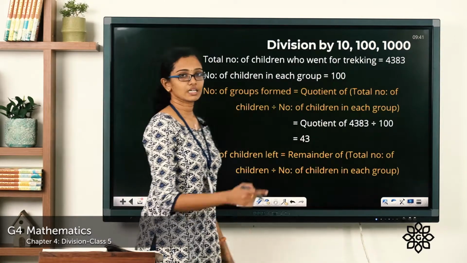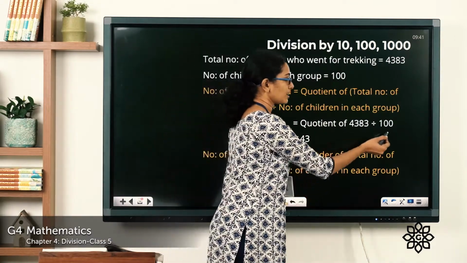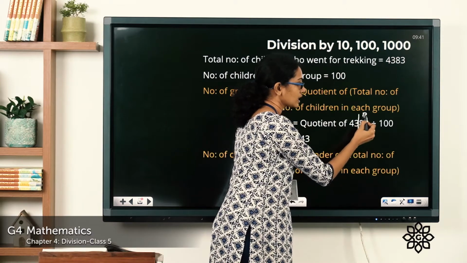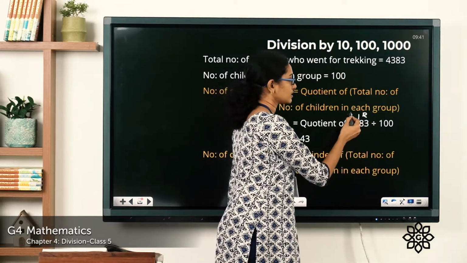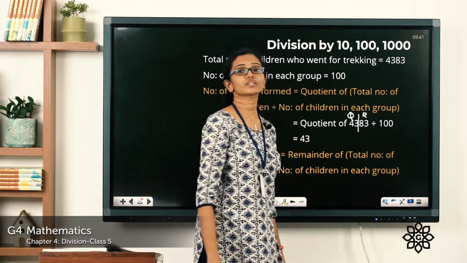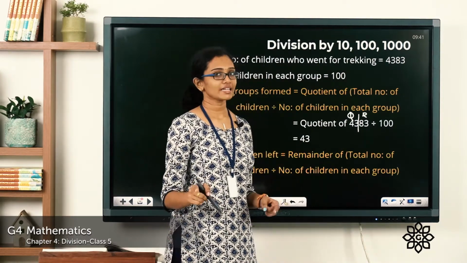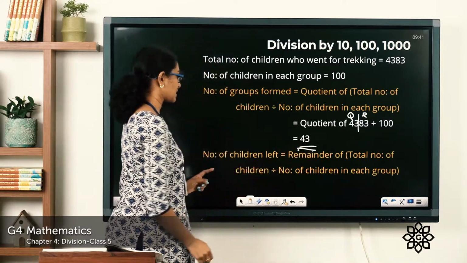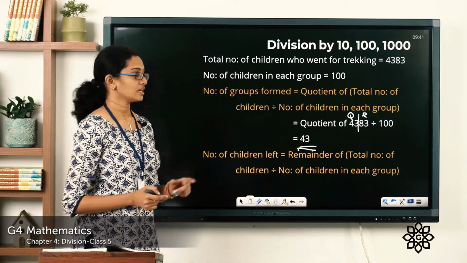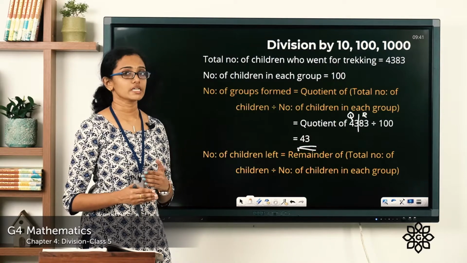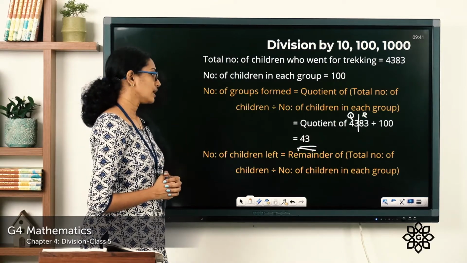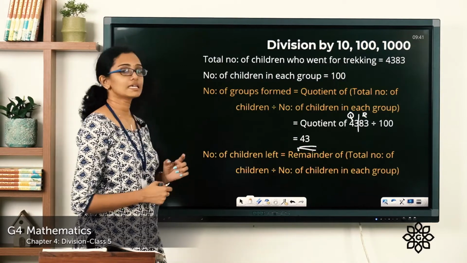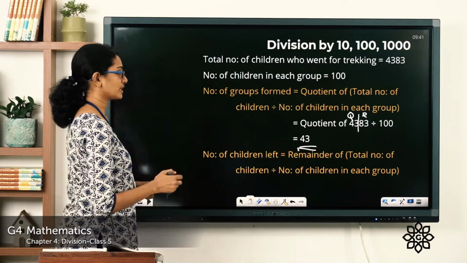What would it be? Like we learned earlier, when you divide a number by 100, the last two digits will form the remainder, and the rest of the digits will form the quotient. So with that in mind, let's write the quotient as 43, and the number of children left, those children who were not part of any groups. So the number of children left will be equal to the remainder of the total number of children divided by the number of children in each group.